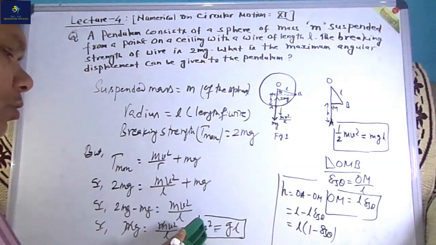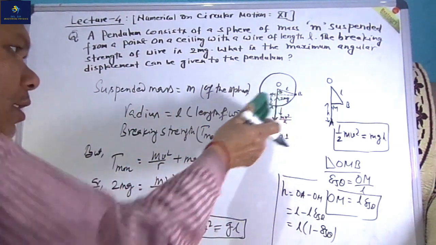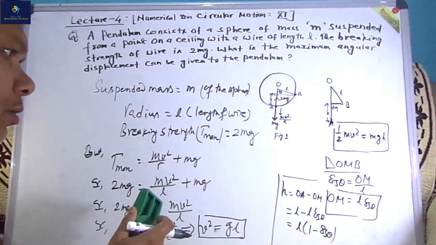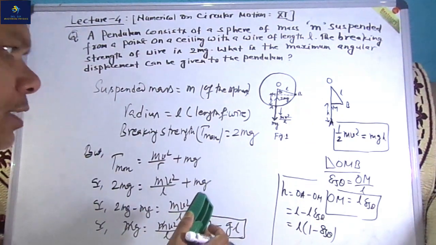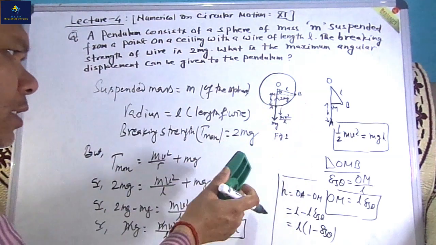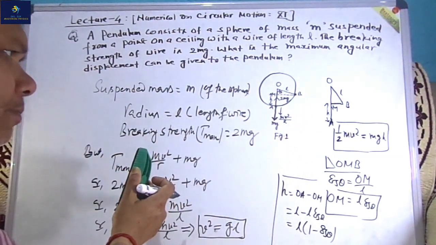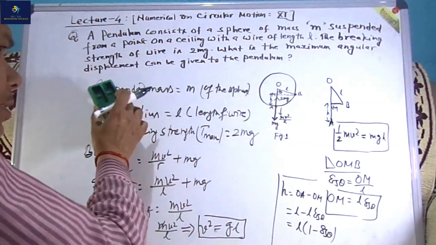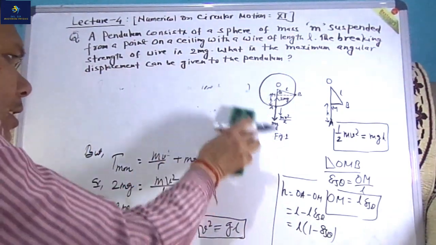We found the expression of v square on the basis of the breaking stress or maximum tension at the lowest position. Then on the basis of the concept of conversion of energy, as it moves from point A to point B, the kinetic energy changes into potential energy. Kinetic energy is converted into potential energy at position B. So the height it gains can be found.